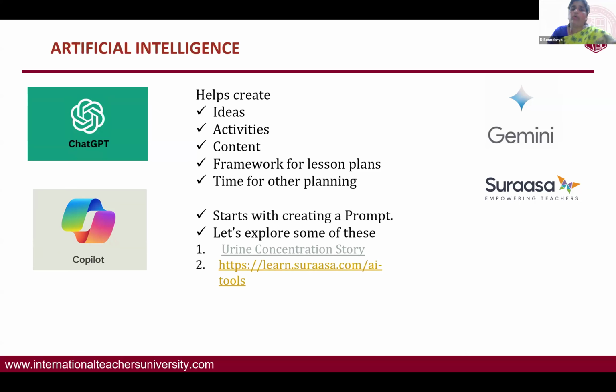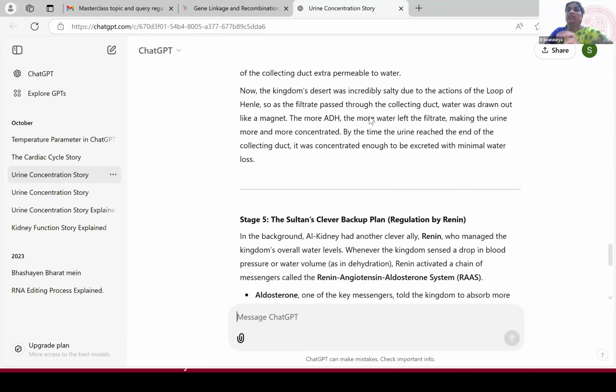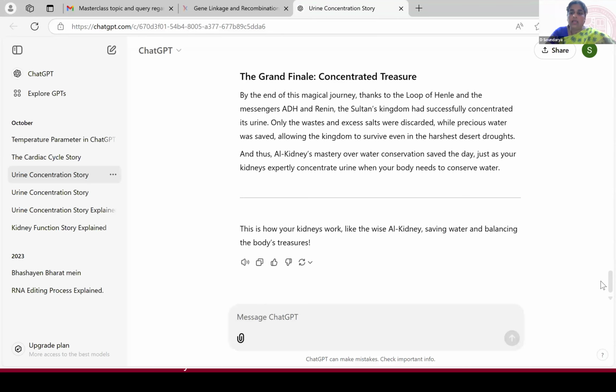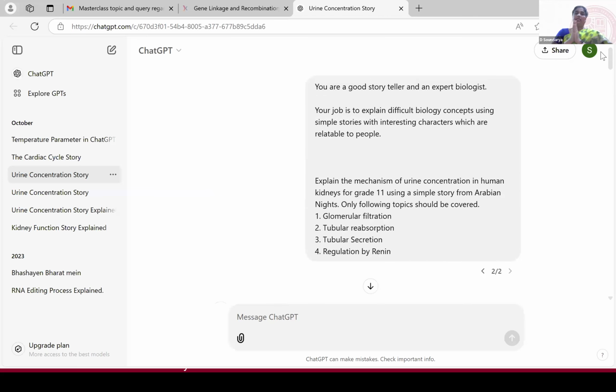To show you one of the interesting things that I usually do for my classrooms using AI, let me show you how I've used it. So let me take you to the side. Here I have used ChatGPT to explain a concept: urine formation in the kidney.